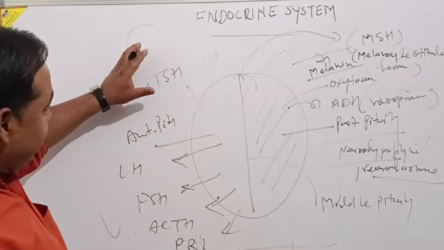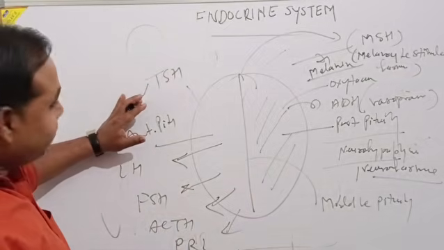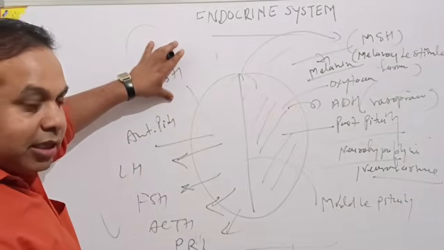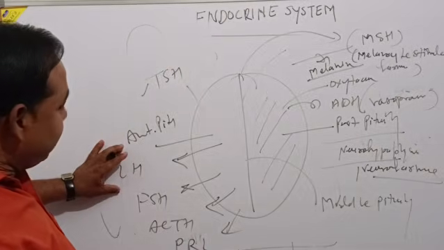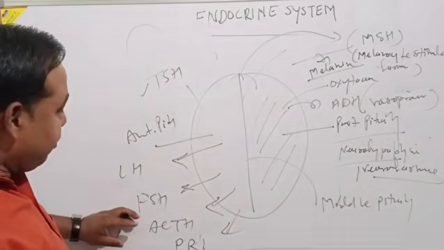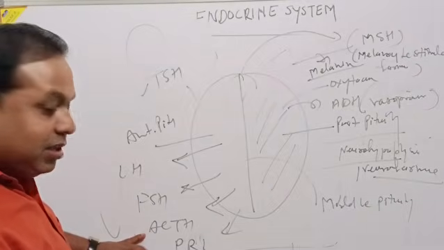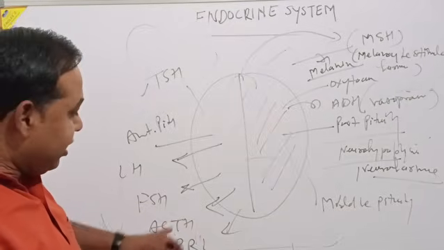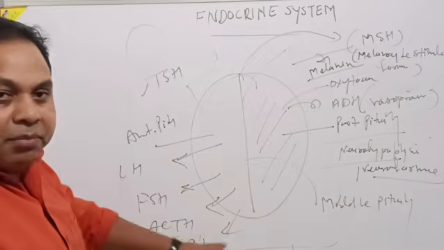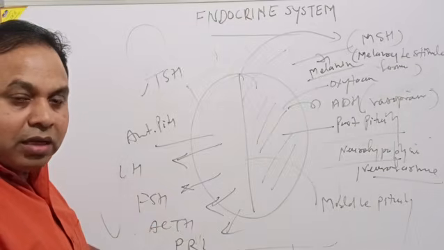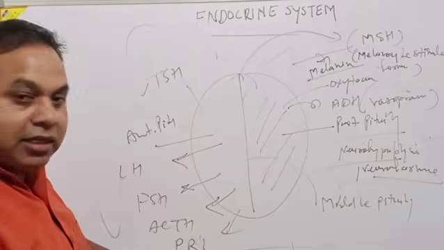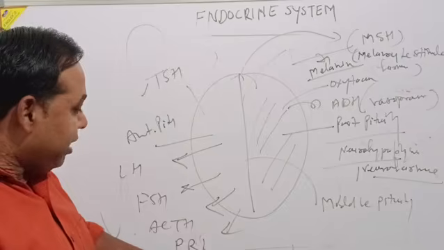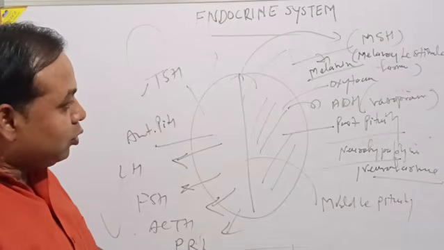The anterior pituitary secretes thyroid stimulating hormone, which acts on the thyroid gland and helps in the formation of thyroxine T3 and T4, then the luteinizing hormone, the follicle stimulating hormone, and ACTH, the adrenocorticotropic hormone, which acts on the adrenal cortex part of the adrenal glands and helps in the formation of glucocorticoids, mineralocorticoids, and sex corticoids. And PRL, the prolactin hormone, helps in the formation of milk inside the mammary gland.